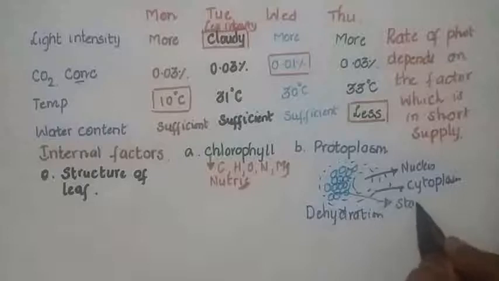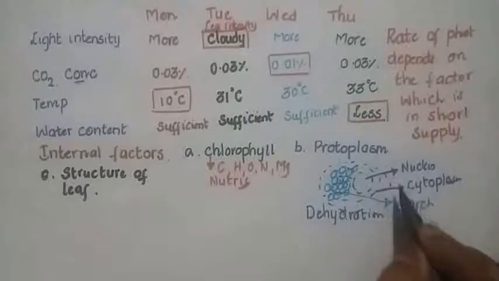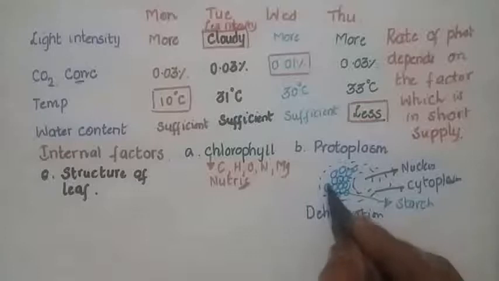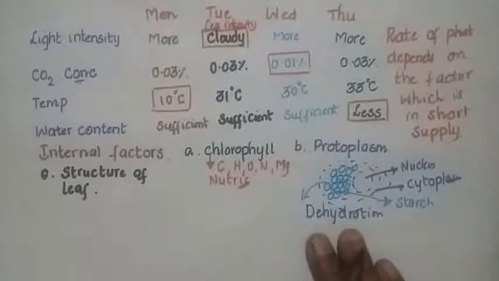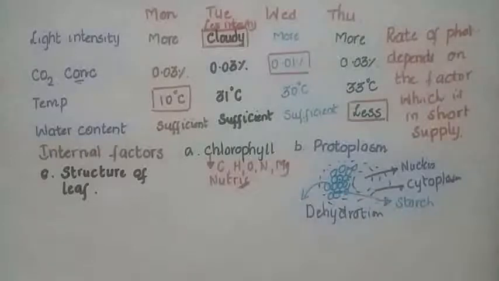If this starch is accumulated in the cytoplasm of the cell without being translocated to the other parts of the plant, this accumulation of starch in the cell also affects the rate of photosynthesis on the following day. Right? So this also can be one of the internal factors, that is dehydration of protoplasm or accumulation of starch in the cell will definitely affect the rate of photosynthesis.